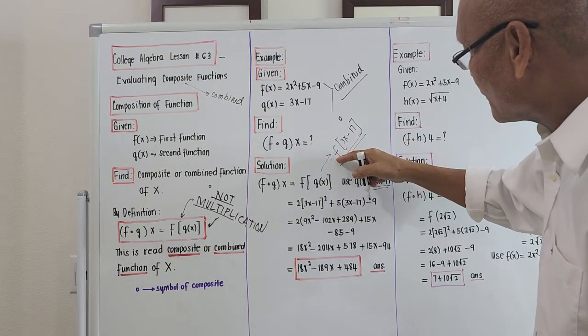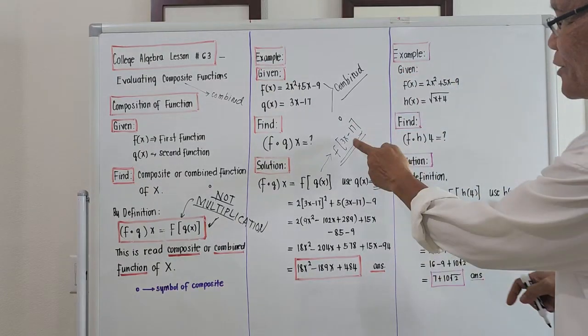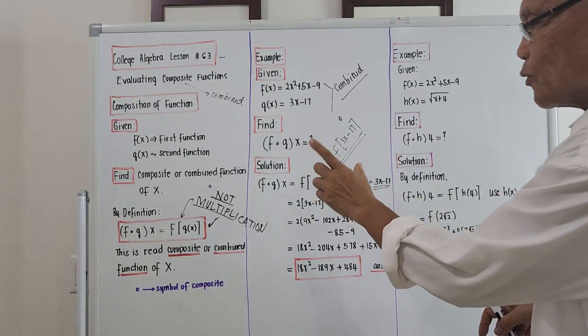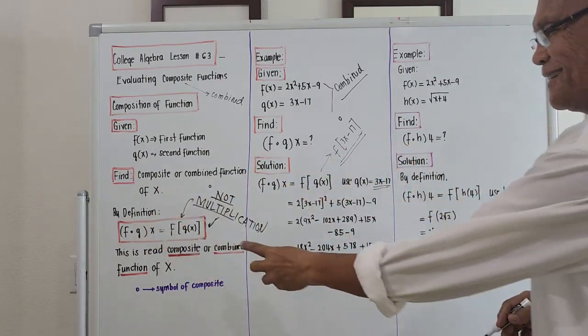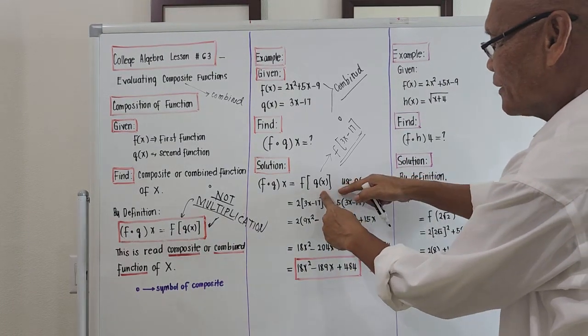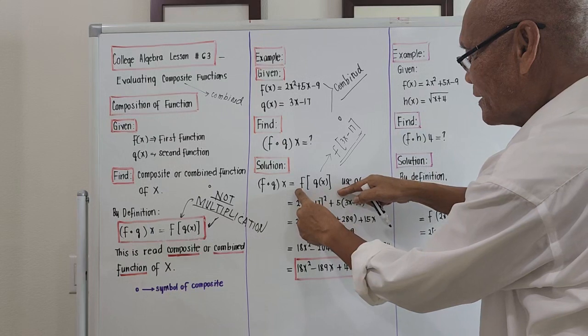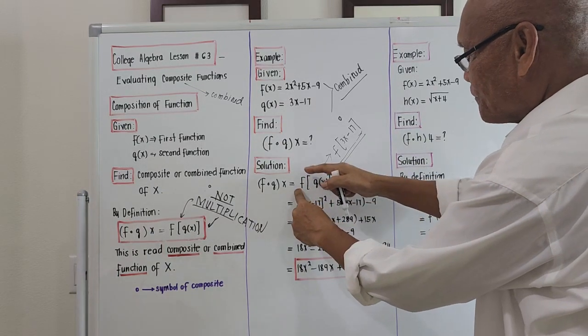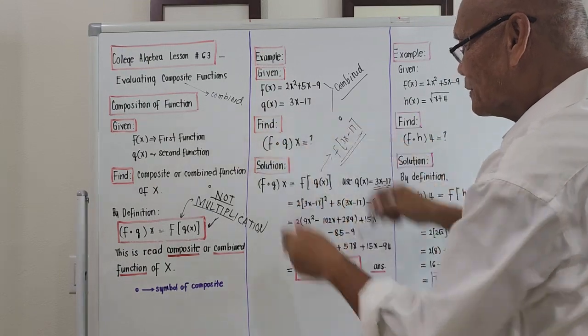What will be the value of f of x if the value of x is 3x minus 17? That's the meaning of this. So, like what I told you a while ago, we are not multiplying it. We just designate this one with a certain value, and this is under this function here. So, meaning to say, f of the quantity 3x minus 17, what will be the value?